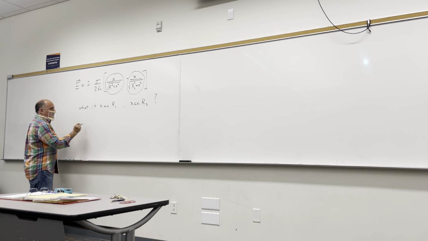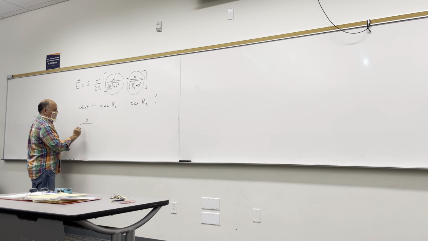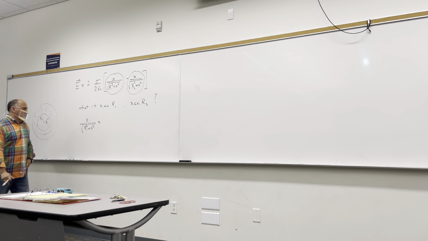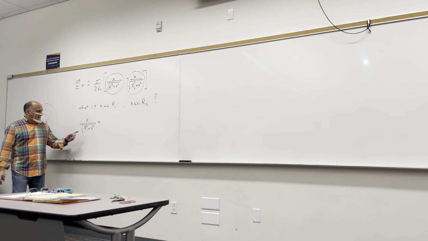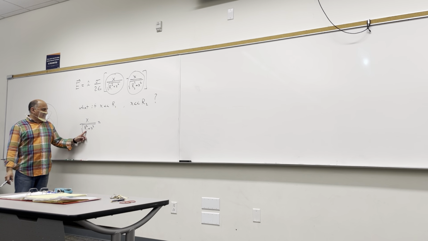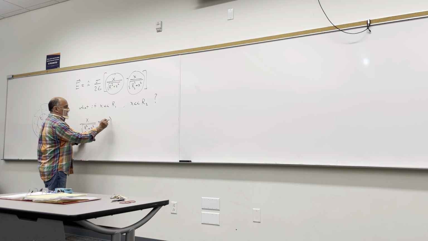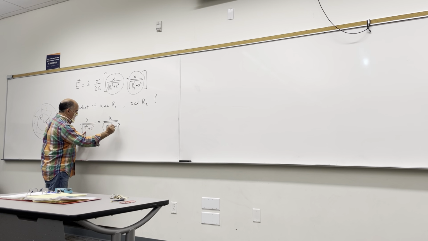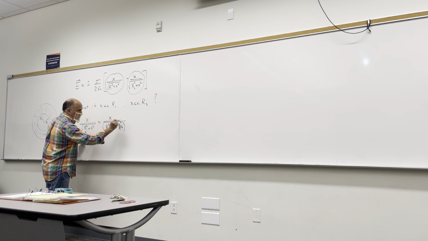We have x over the square root of R1 squared plus x squared. I want 1 plus a small number, so I have to factor out R1 squared. So this would be x over the square root of R1 squared times 1 plus x squared over R1 squared, correct?